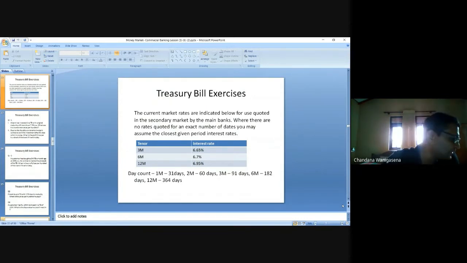You probably can take 60 on the numerator and 360 for simplification purposes. So 60 divided by 360, again 6.